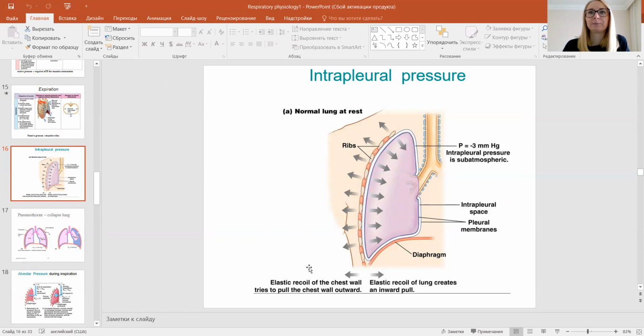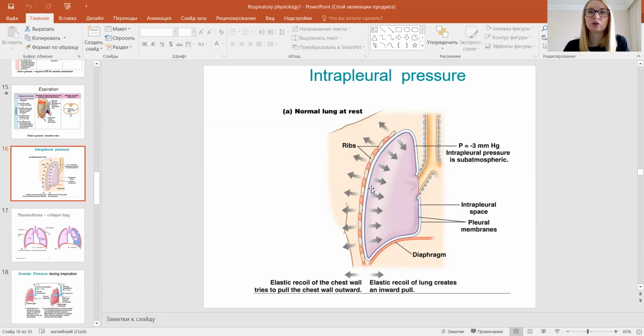A parietal leaf is closely fused with internal chest wall and undergoes the influence of elastic force of chest skeleton directed outside. So the given force is trying to increase the chest volume. An internal leaf is closely fused with pulmonary surface and undergoes the action of elastic force of lungs, trying to decrease the volume because it is directed inside the chest.